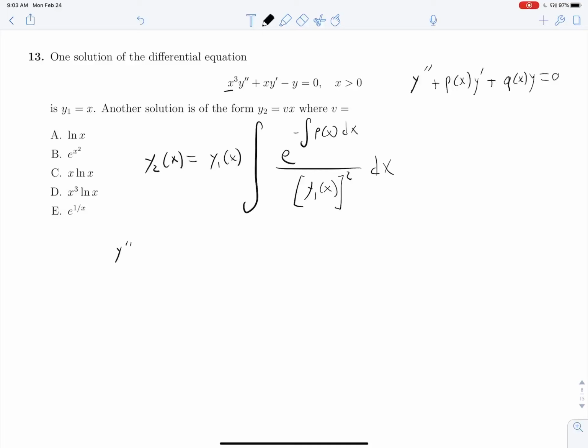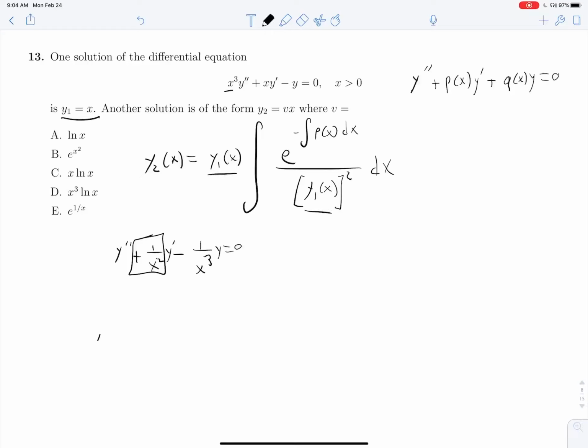So y double prime plus 1 over x squared minus 1 over x cubed y prime is equal to 0. Sorry, that was very sloppy right there, but we can see that our value for p is 1 over x squared. We also know that our value y1 that will go here and here is x.